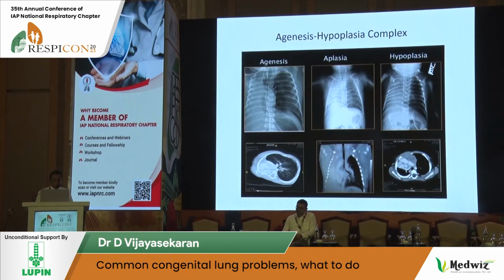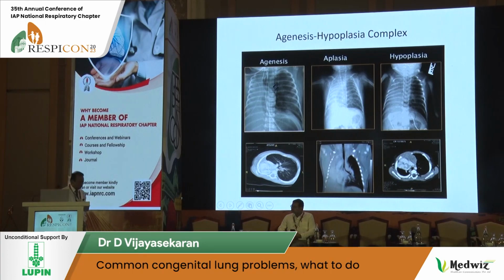I fully agree that for making a diagnosis of this whole agenesis-hypoplasia complex, CT is the best modality. That is MDCT nowadays. Either you can go for contrast or even without contrast, MDCT is the one. Look at the agenesis on the first slide. There is agenesis on the right side. You could not see any lung at all. Whereas in hypoplasia, if you look at the CT, you can see the lung.